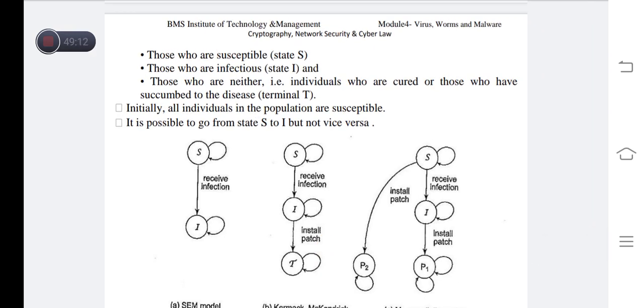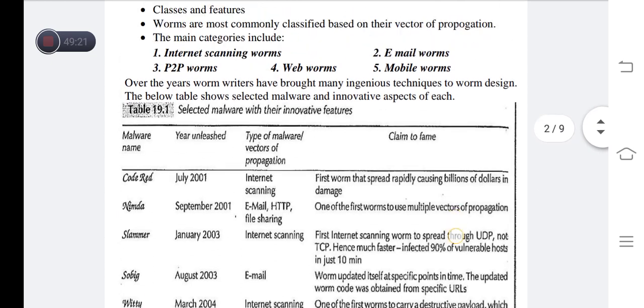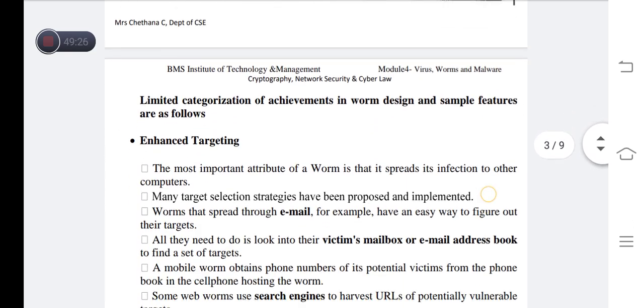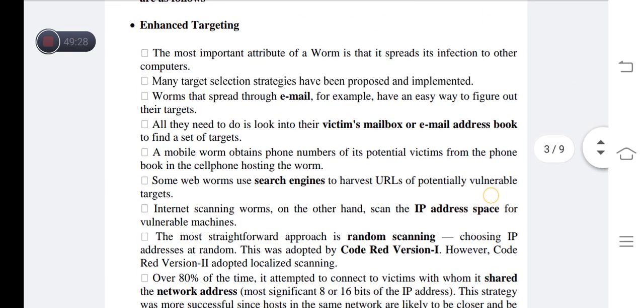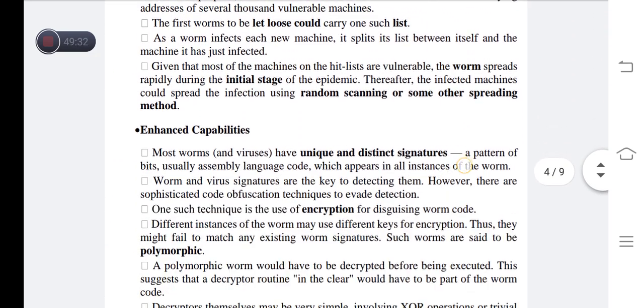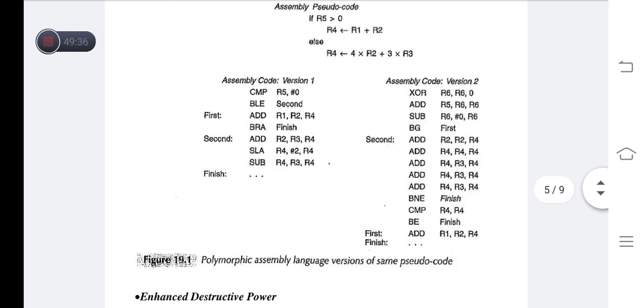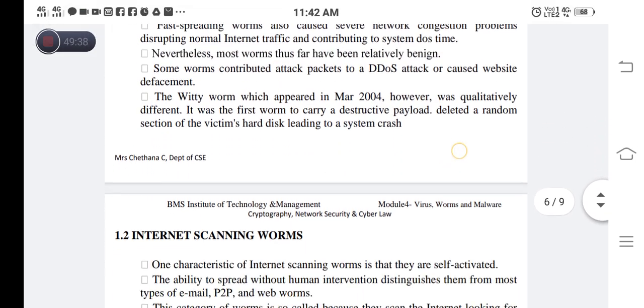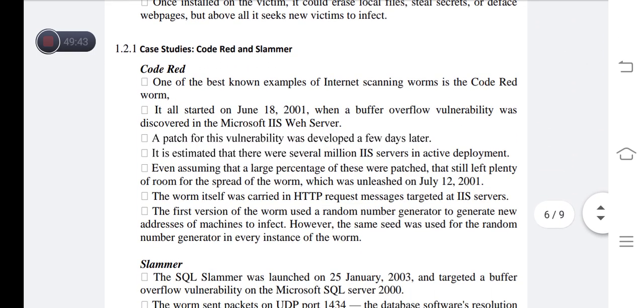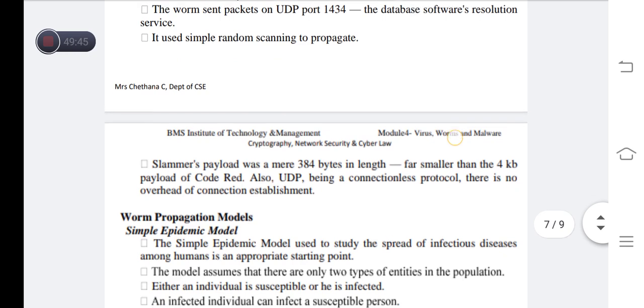Today in class we discussed the virus characteristics, then worm characteristics and the categories of worms, then a few features: enhanced targeting, enhanced speed, enhanced capabilities, and enhanced destructive power. Then we covered internet scanning worms and the two case studies, Code Red and Slammer.